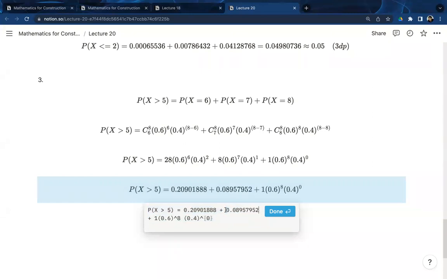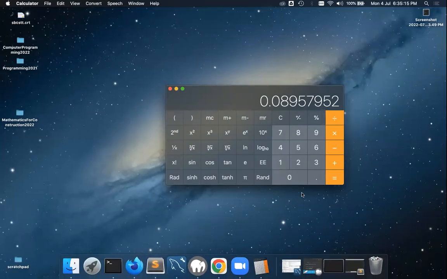What we're doing here, we're really trying to show all our working, right? And then this one is just 0.6 to the power 8.